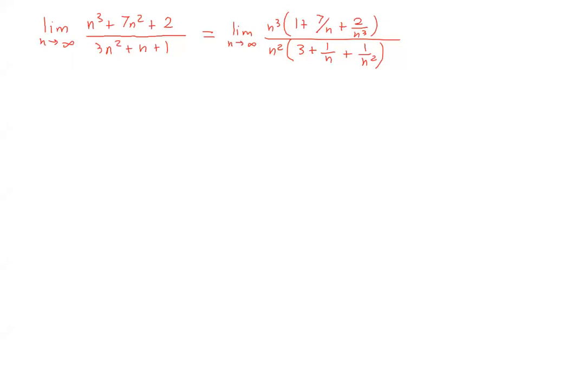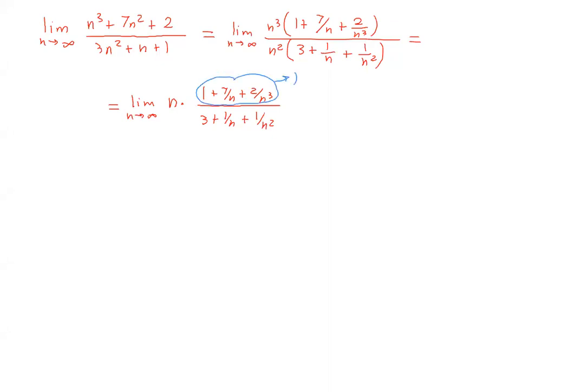And now the crucial step is that we won't have a complete simplification as we had before. However, we'll have something else, which will be n cubed over n squared gives us n. And then we have the other fraction, for which we can argue pretty much the same way and assert that this whole thing tends to 1.